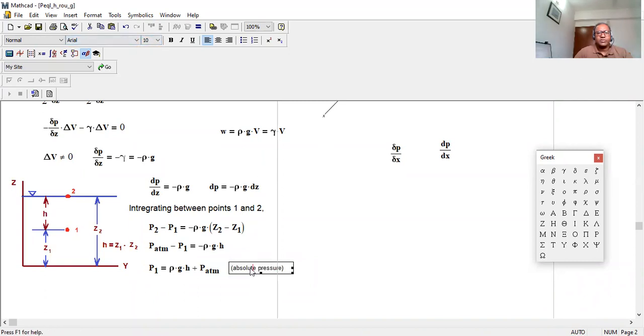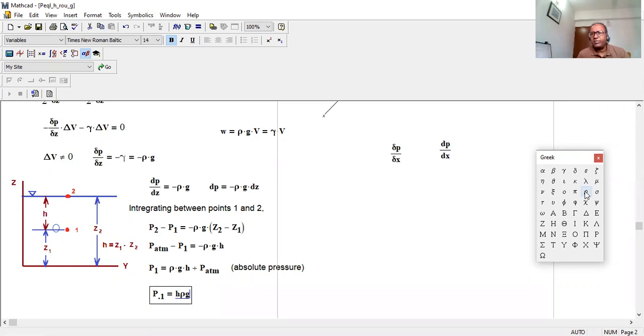That means if you put a pressure gauge at the bottom of a sea or river, what reading will it show? It will show the reading P1 equal to rho g h.